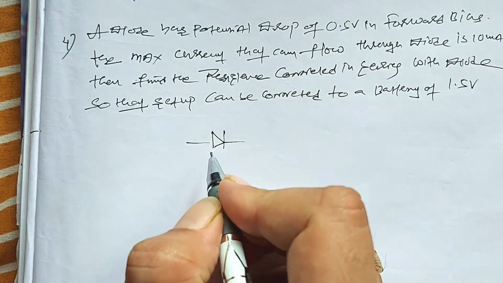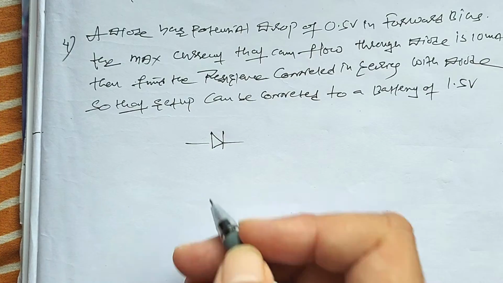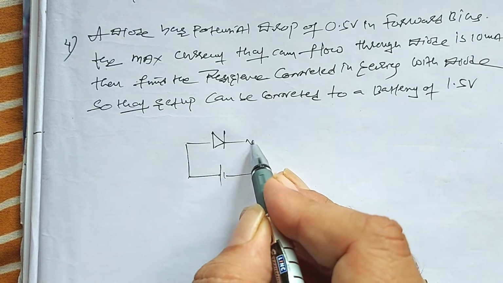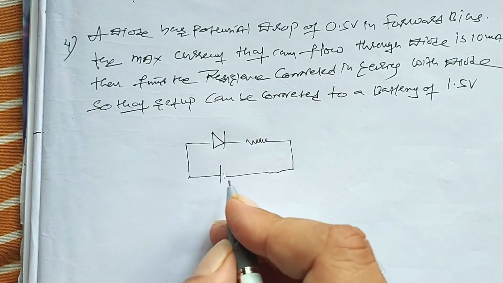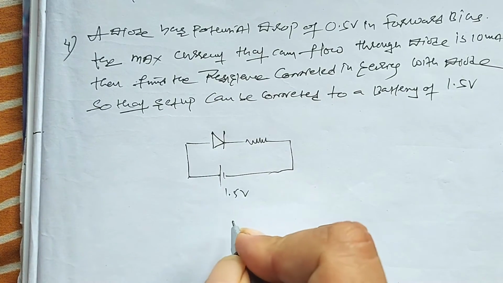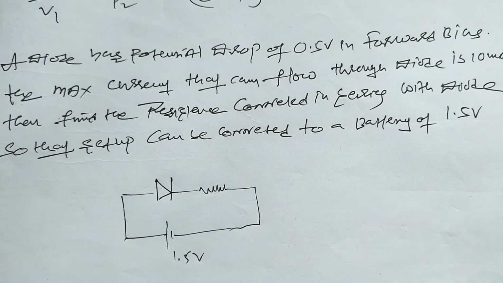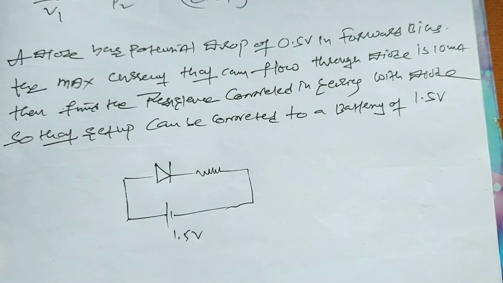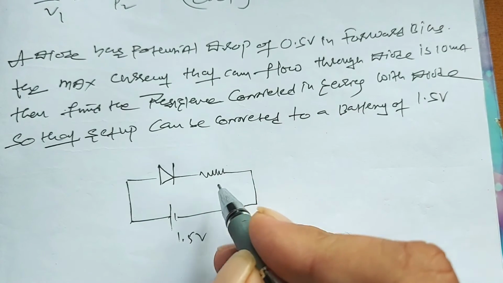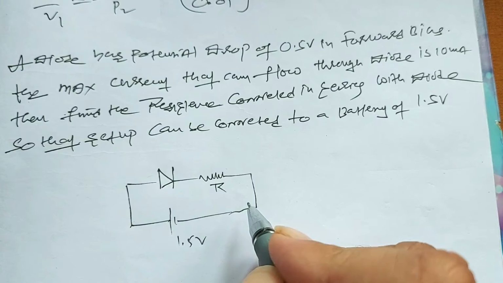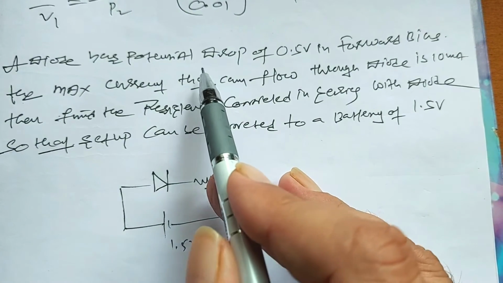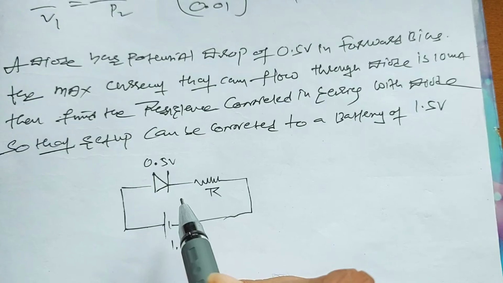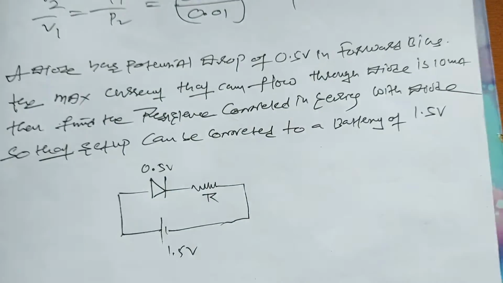This diode is connected to a battery in forward bias of voltage 1.5 volts, with a series resistance R. So here in this problem, how much potential drop across diode? 0.5 volts.